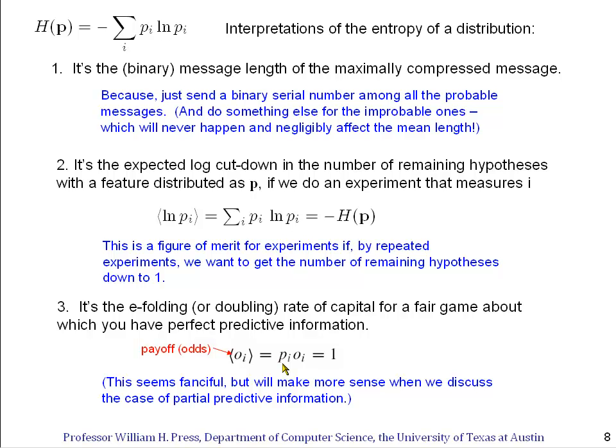Now, what does this have to do with entropy? Well, I want to take you to the fanciful world in which you have complete predictive information on the outcome of every horse race. You simply know at the beginning of the race which horse is going to win, and you bet on that horse. Well, can you make an infinite amount of money?